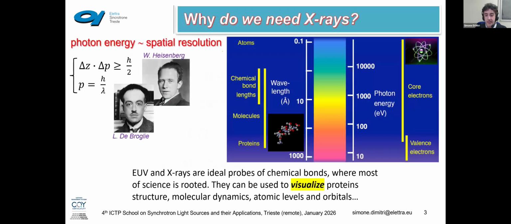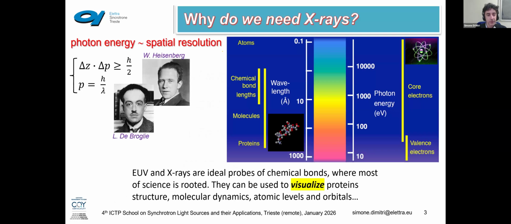Let's summarize the motivation of our synchrotron light sources by going back to our, if you are a physicist or engineer, maybe our background in advanced physics. So let's just consider two principles: the Heisenberg uncertainty principle and the de Broglie particle-wave duality.